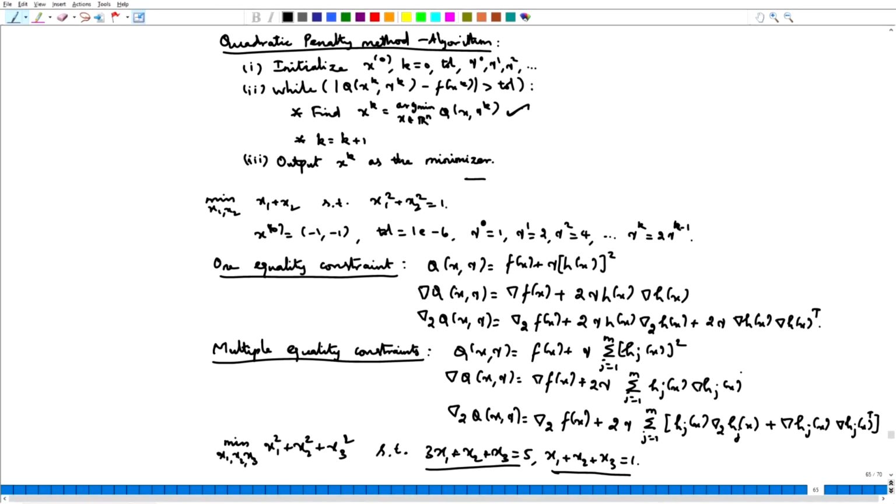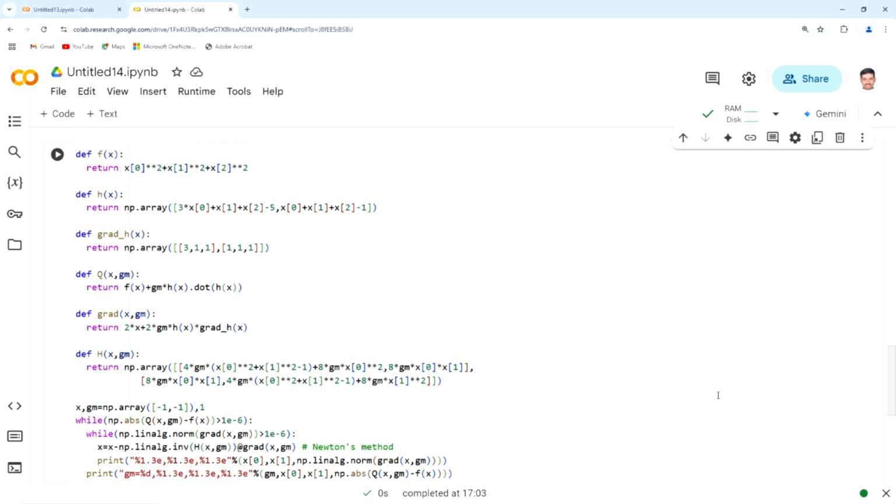Okay. And if you recall what the Hessian is, it is the Hessian of f plus 2 gamma into h j del 2 h j plus del h j into del h j transpose. Note that del 2 h j is actually 0, because yeah, del h is a constant. So, del 2 h j is actually 0, and del 2 f is actually 2 into I. So, I can write it as 2 into np dot I of 3, right.